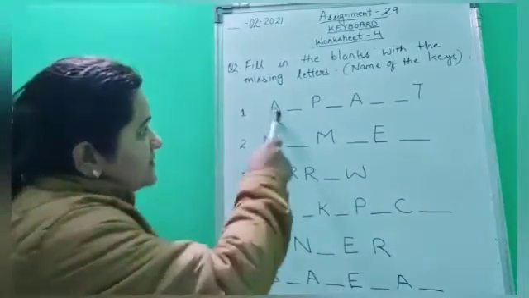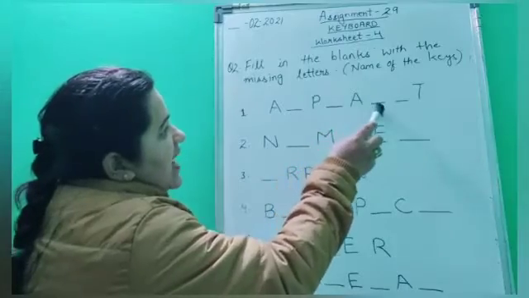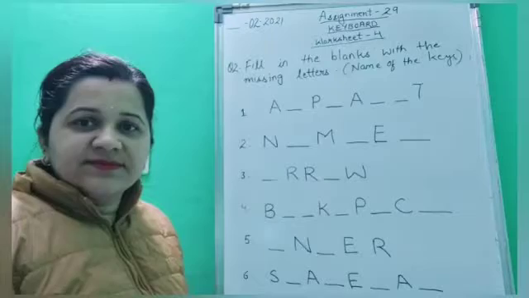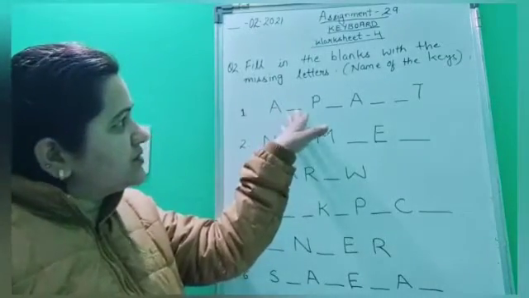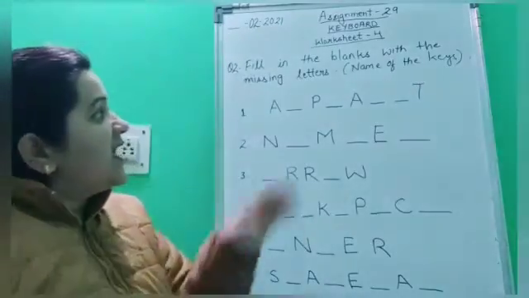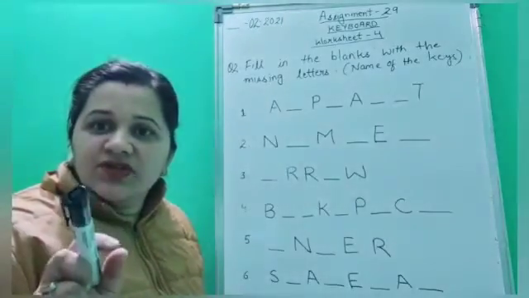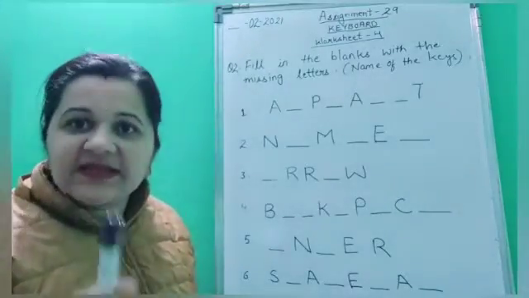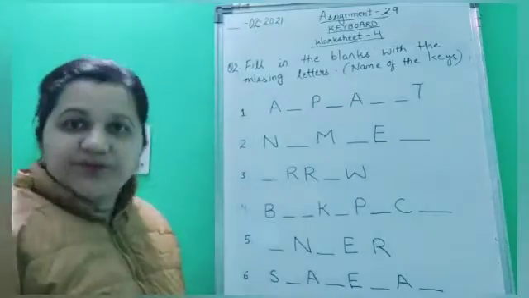So now first, use your mind, children. What name of the key should be here? Yes, children. Alphabet. Okay. Now, this question you have to do on your own. First, you will learn the spellings and then you will fill the missing letters in between the words.